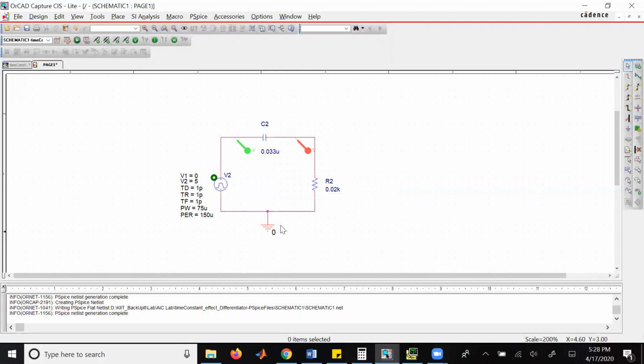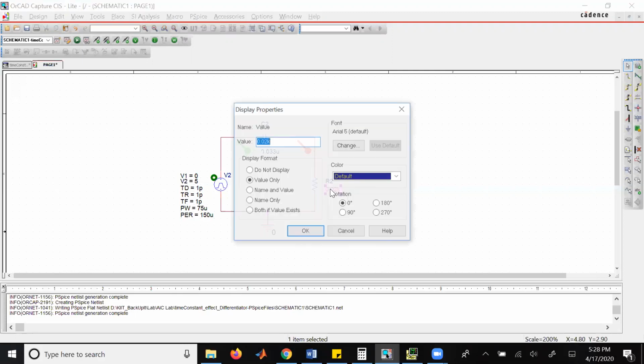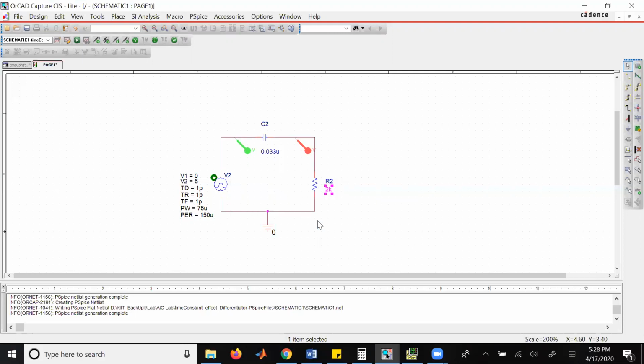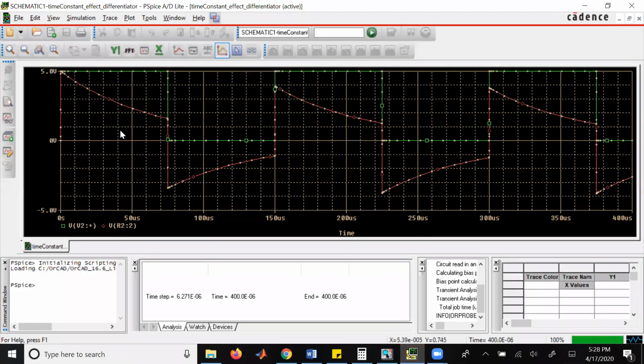Let's evaluate it. So this is the pulse we have given. Now let's take the value of this resistor as 2 kilo ohm. Okay, now let's run it. Fine.